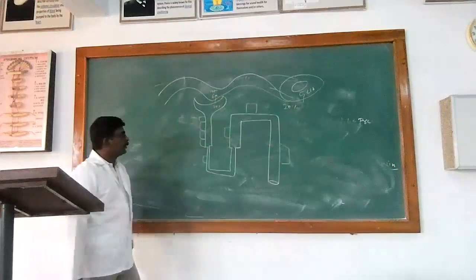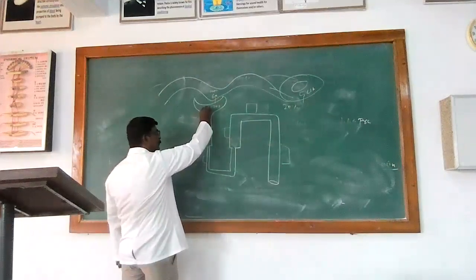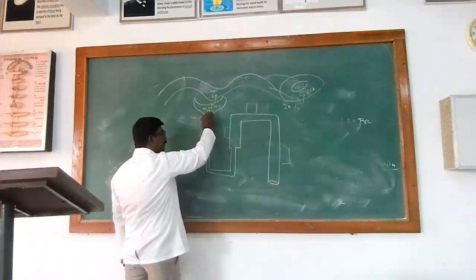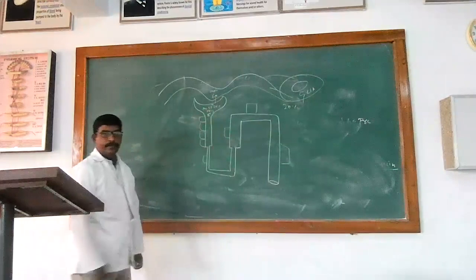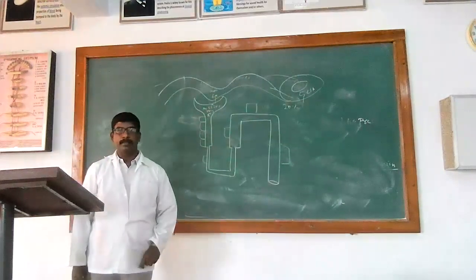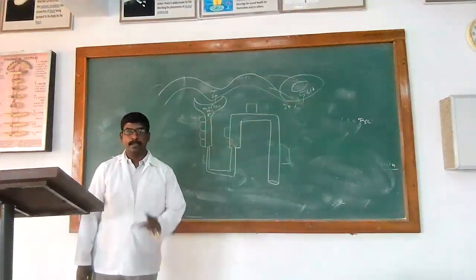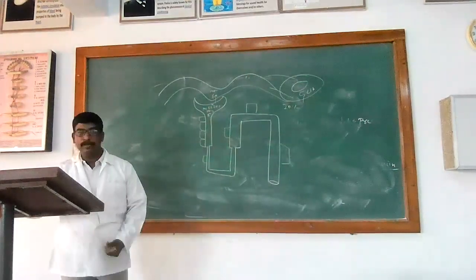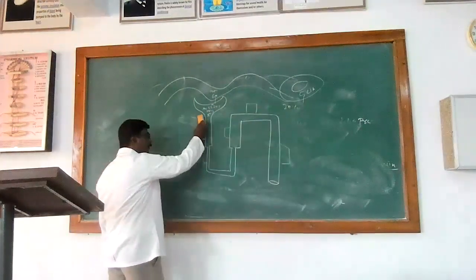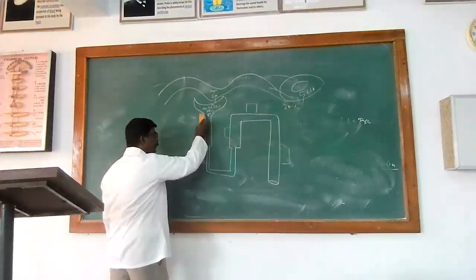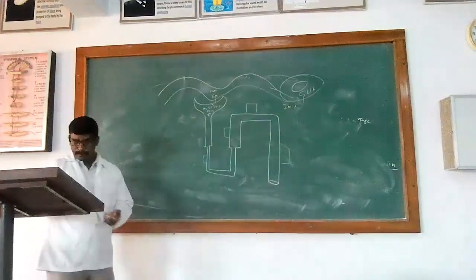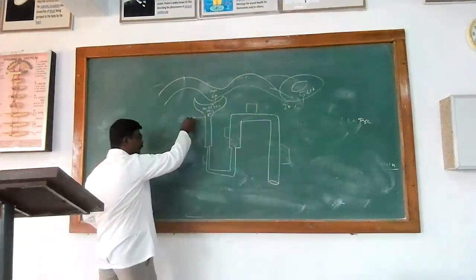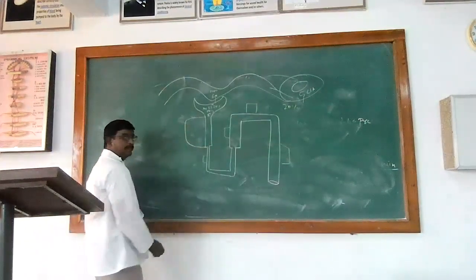In this there are some sodium ions, bicarbonate ions, chloride ions, and potassium ions. But today we will discuss only how sodium is reabsorbed into the body. So first we should know the physiology of these cells. Here I will draw a big cell so you can understand. Suppose this is the proximal tubule and this is one cell.